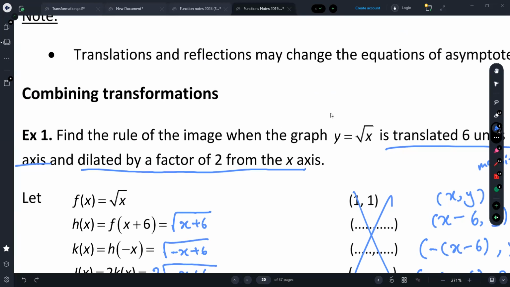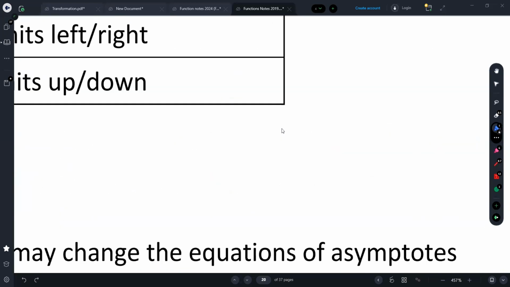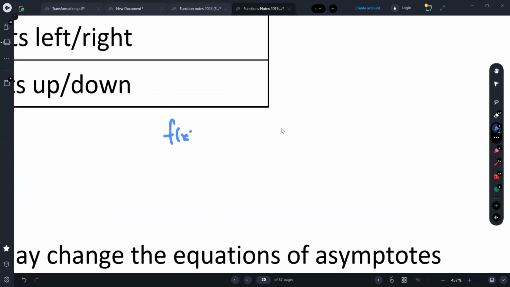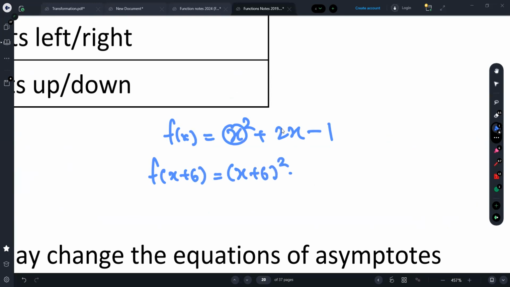Because you'll have situations like this. Let's say f of x is equal to x squared plus 2x minus 1. For f of x plus 6, you're replacing these. So this becomes x plus 6 squared plus 2 times x plus 6 minus 1.